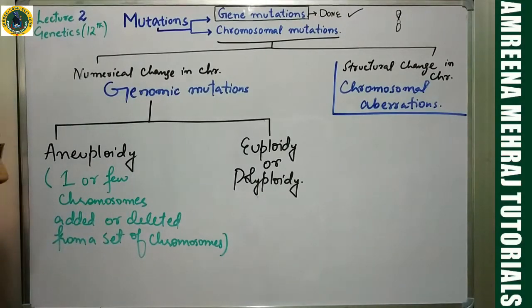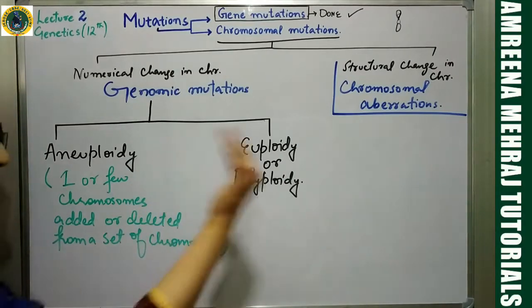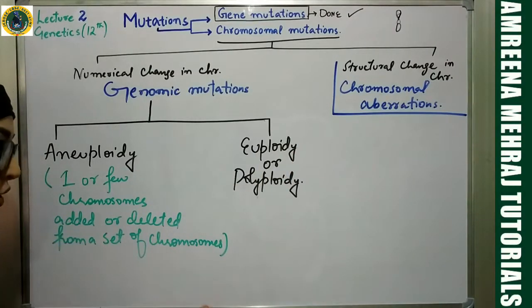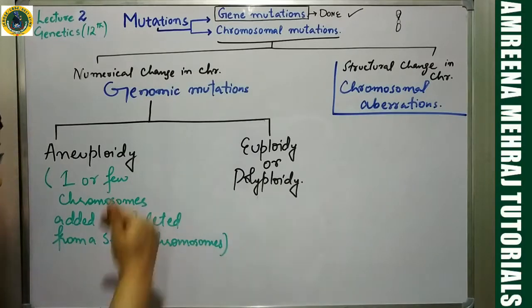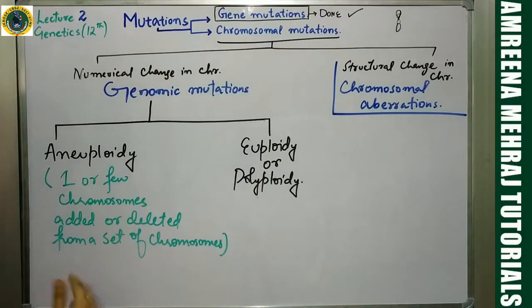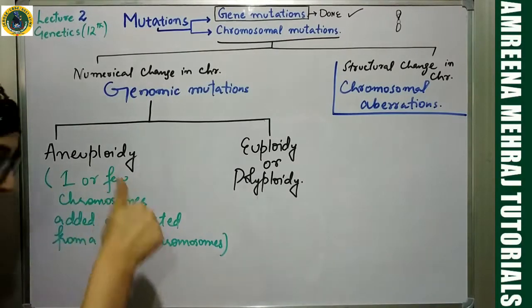Say for example, if you are talking about humans, normally we have 46 chromosomes in our cells. Either you will have 47 chromosomes, 48 chromosomes in this case, or you will have, for example, 45 chromosomes, 44 chromosomes. If that is the case, that means one chromosome is being added or one chromosome is being deleted.